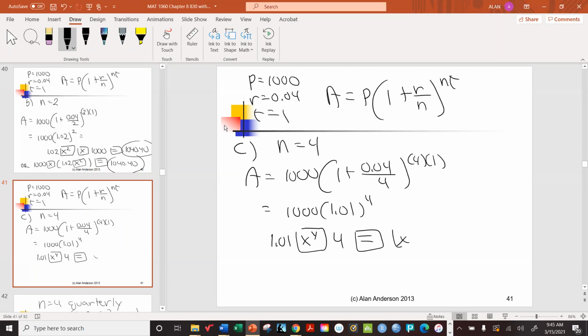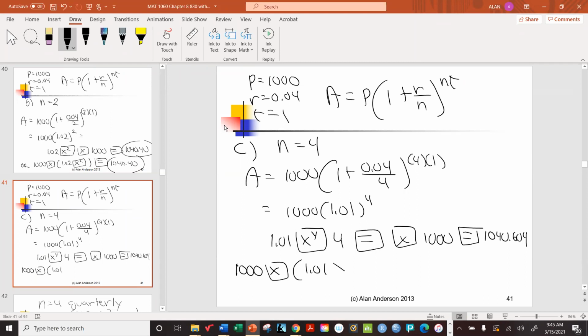Times 1,000 equals, and you will in fact get what we had earlier, which is 1,040.604.